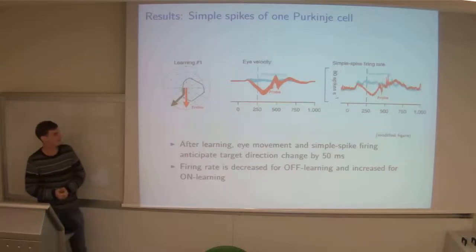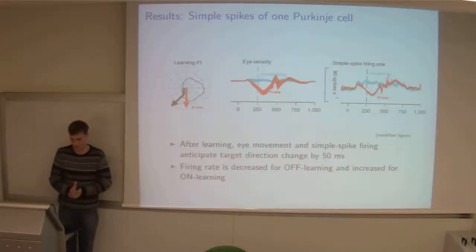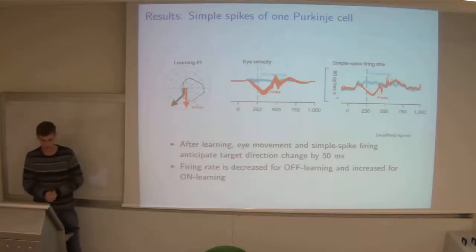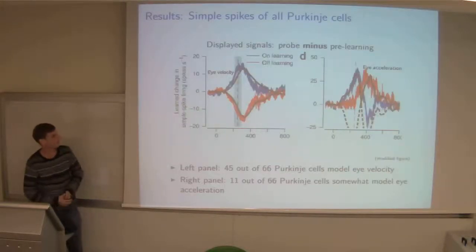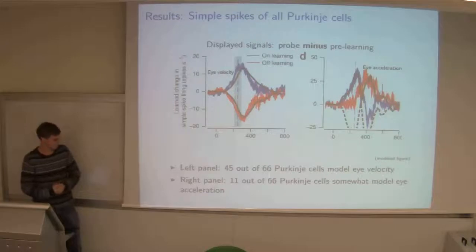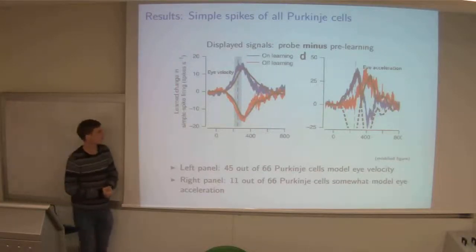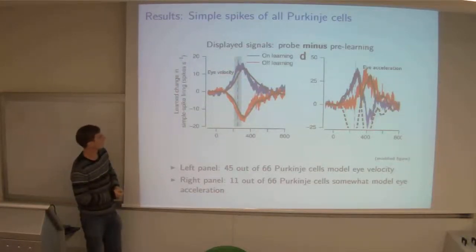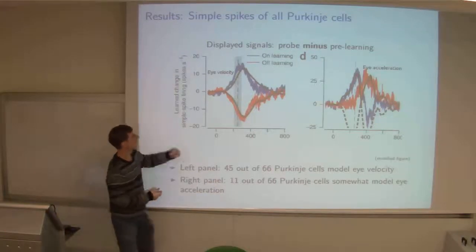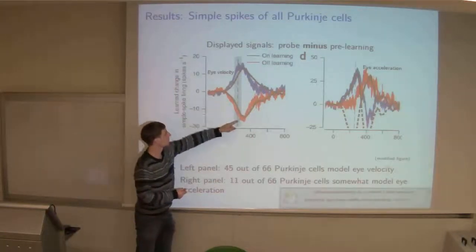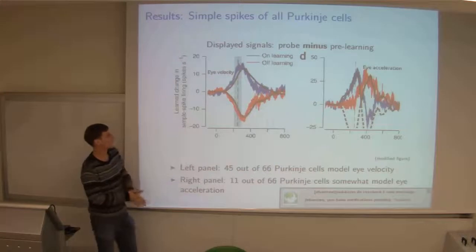So from this, they asked how well do the firing rate changes and eye velocity changes align. And so they looked at all Purkinje cells together. And here, let's look only at the off learning, which means out of the preferred direction.